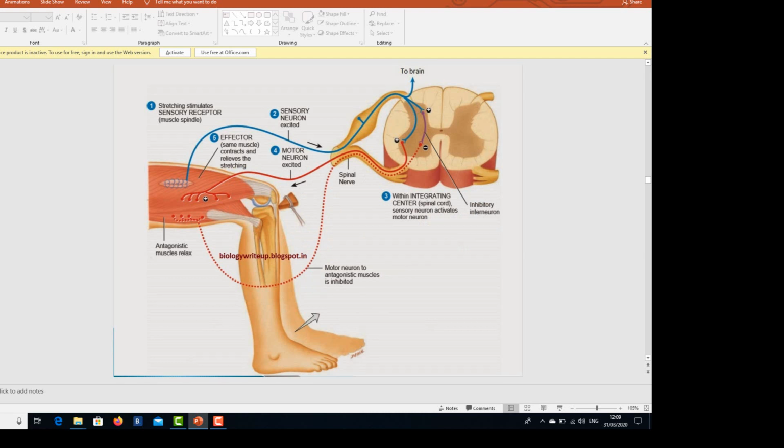See, over here, there is always a sensory receptor, number 1. Number 2, you can see sensory neuron. Then number 3, there is an integrating center, which can be spinal cord or brain. Then there is motor neuron, and last but not the least is the effector, which can be a muscle or a gland, and it contracts and relieves the stretching.